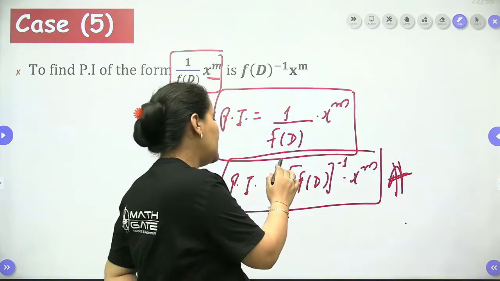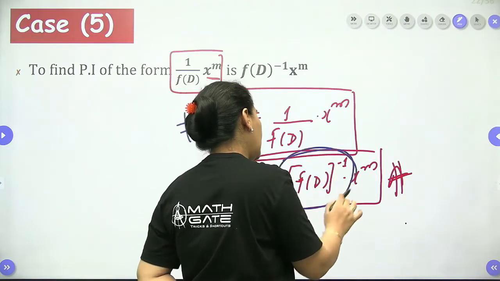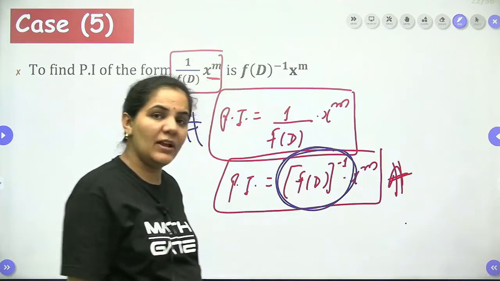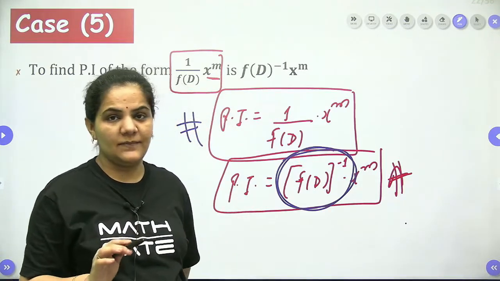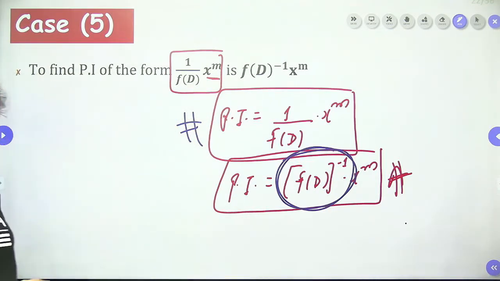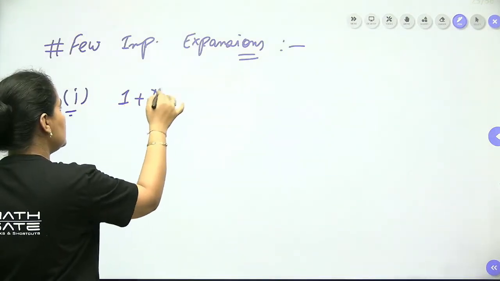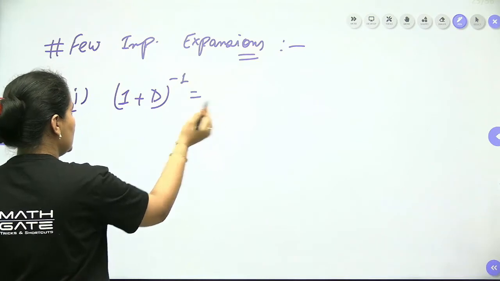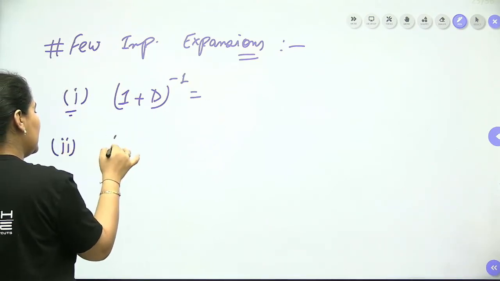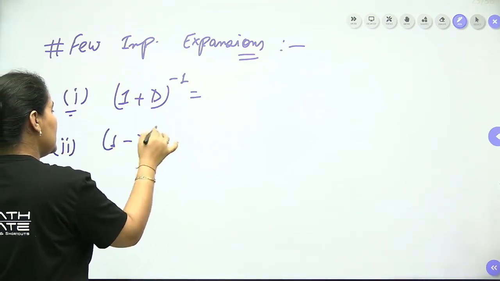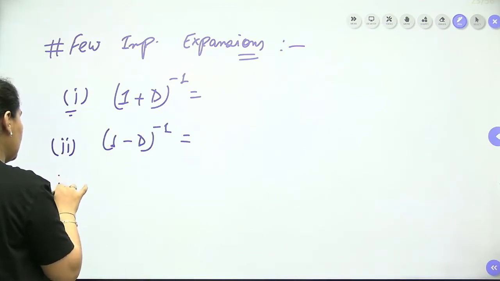So when we have f(D) power minus 1 into x power m, we will approach here expansion. I will show you which type of expansion. There are a few possibilities here. The first is (1 plus D) to the power minus 1. Is it possible? Yes, it can be possible. (1 minus D) power minus 1, it is possible.